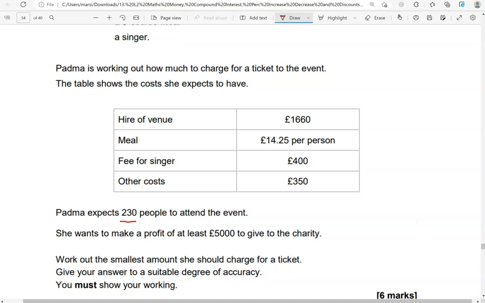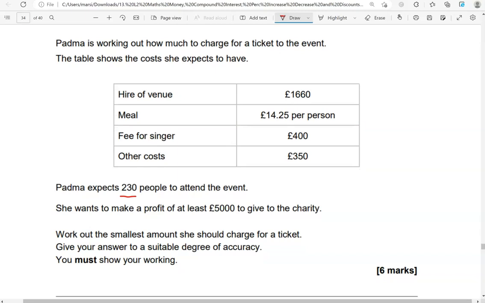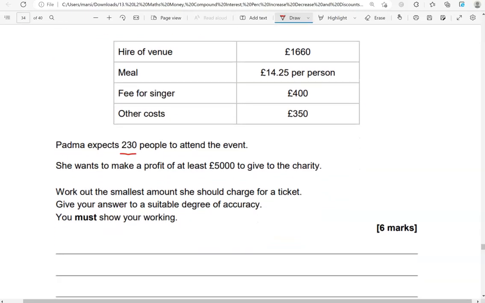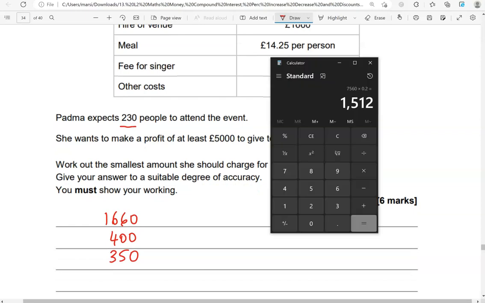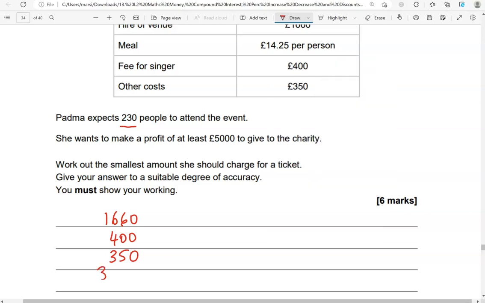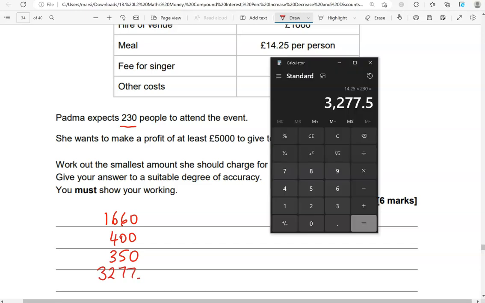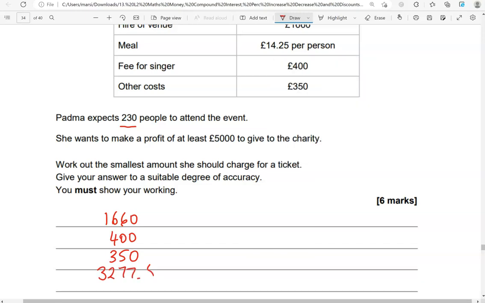So we've got these costs. £1,660. Add 400 and 350. And also £14.25 per person, and she expects 230 people, so that is 3,277 pounds and 50 pence.